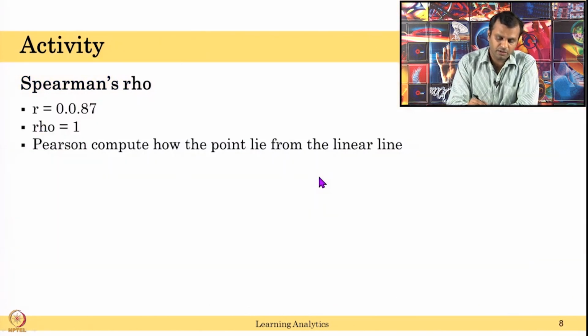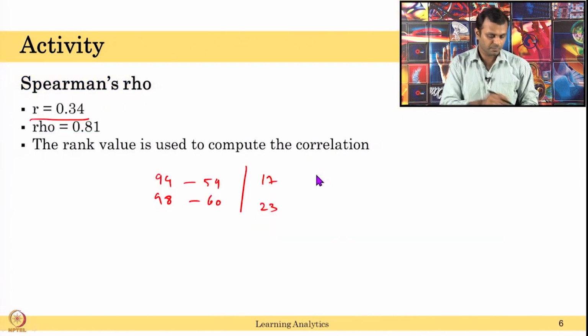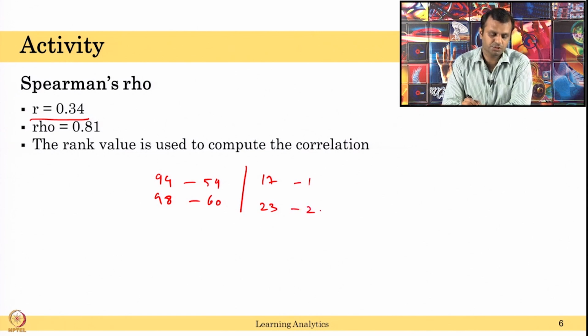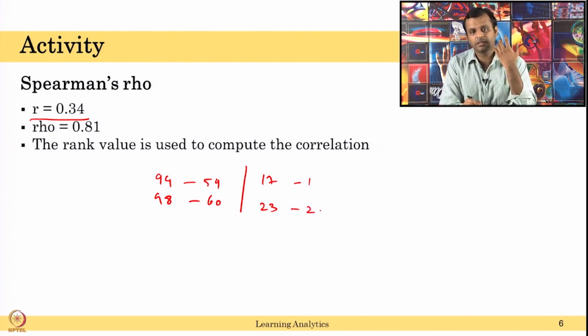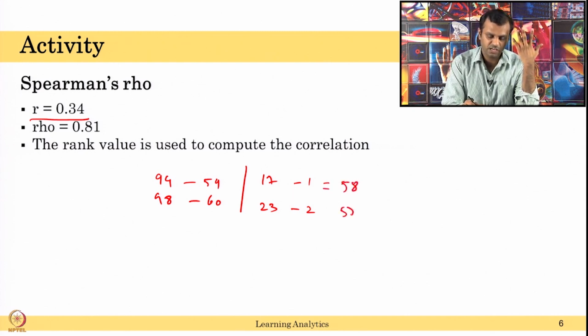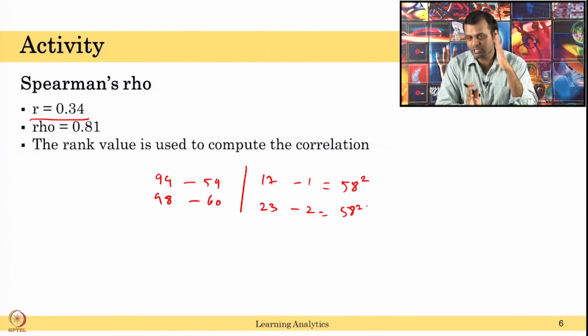So these might have been rank number 1 and rank number 2. So when you compute the difference between ranks, it might be say 58 and 58, and the square of these values might be huge, but compared to the other values, there are other 58 values which are closely related, highly related.